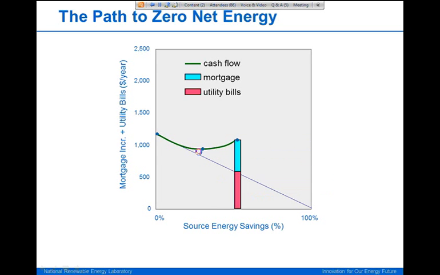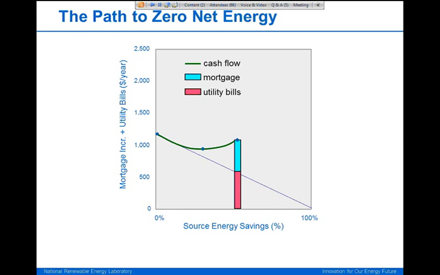As we continue on, the mortgage cost goes up at a greater rate than initially relative to the utility bill savings, because we're having to dip deeper into the pool of efficiency measures.